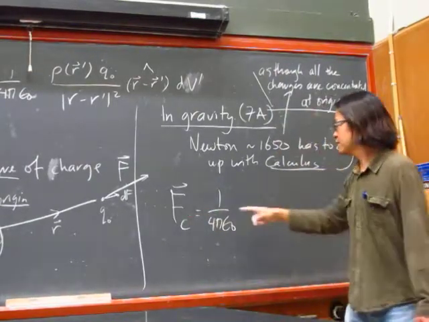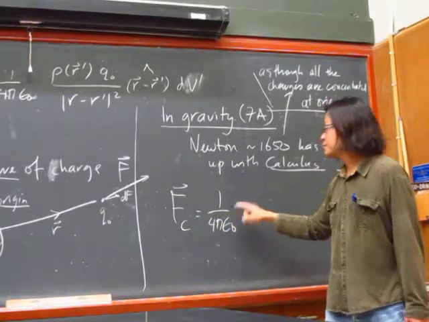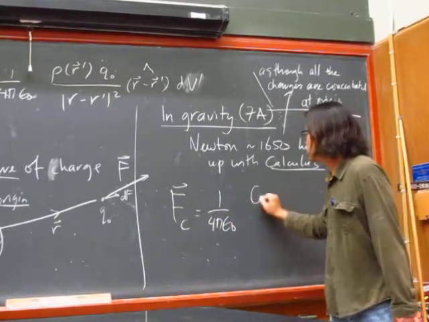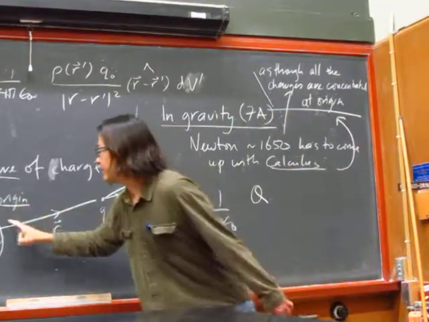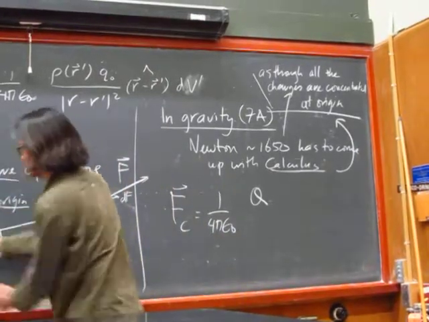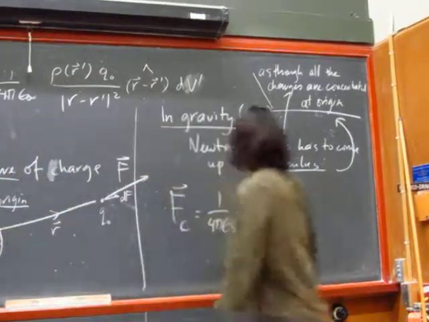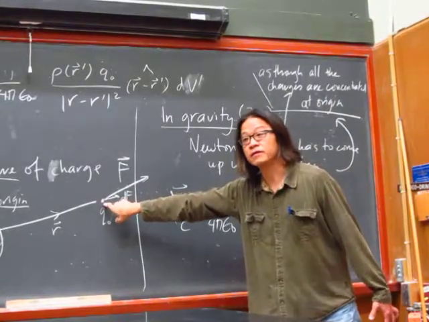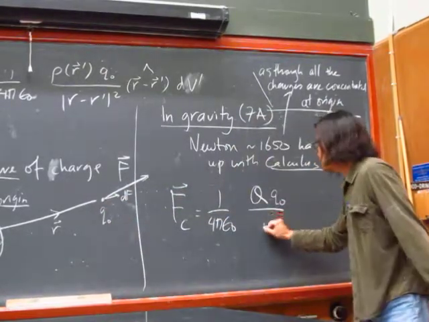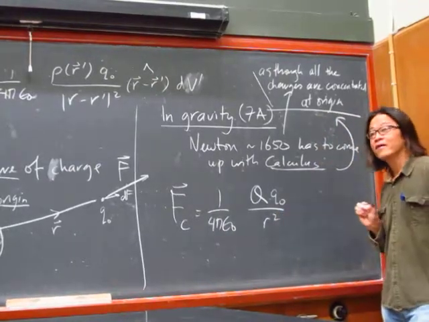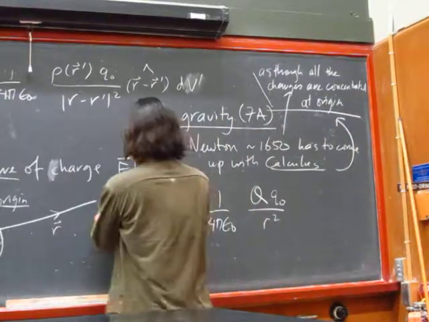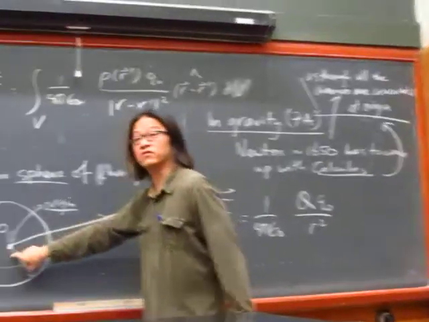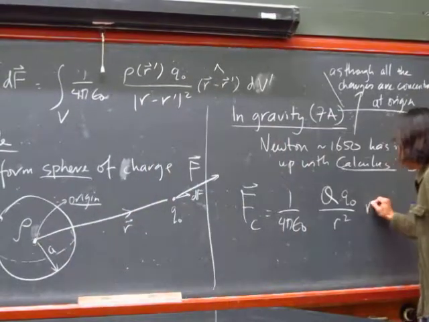So in this case it becomes 1 over 4 pi epsilon naught times q, where I just put all the charges here at the origin, times q naught, which is the charge of the small particle here, divided by r squared, where r is just the distance of particle q naught from the origin, in that direction.